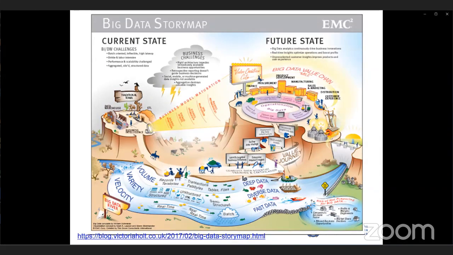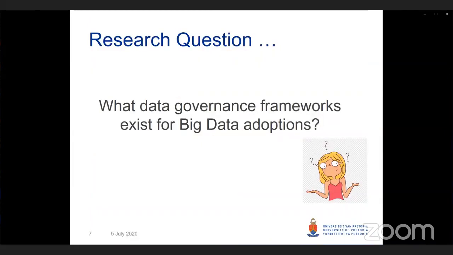In other words, untap the value in big data implementations. During this journey, there are certain governance factors that we need to take into account to be able to untap the true value of the data. This brings us to the research question for the paper, namely, what data governance frameworks exist for big data adoptions?